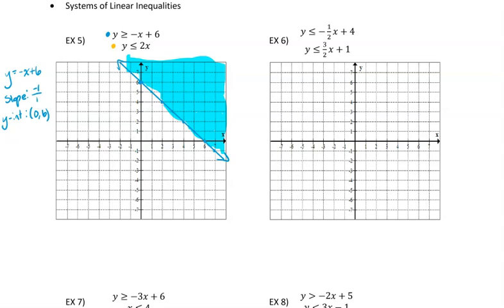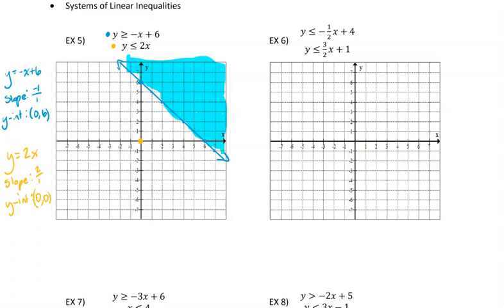All right, next up, we're going to go ahead and graph the second one as well. If we think of it as y equals 2x, then that's going to give us a slope of 2 over 1 and a y-intercept of 0, 0.